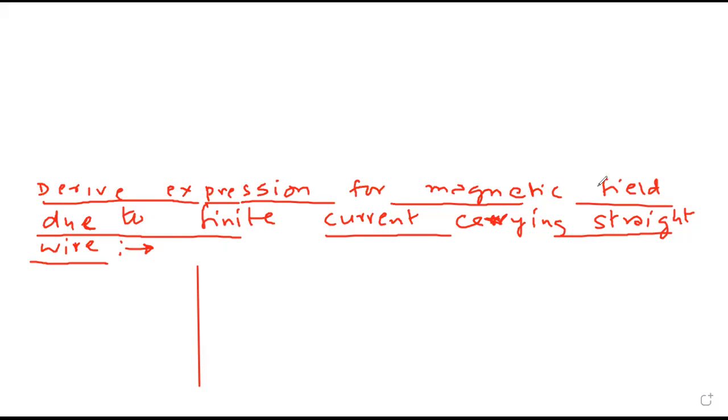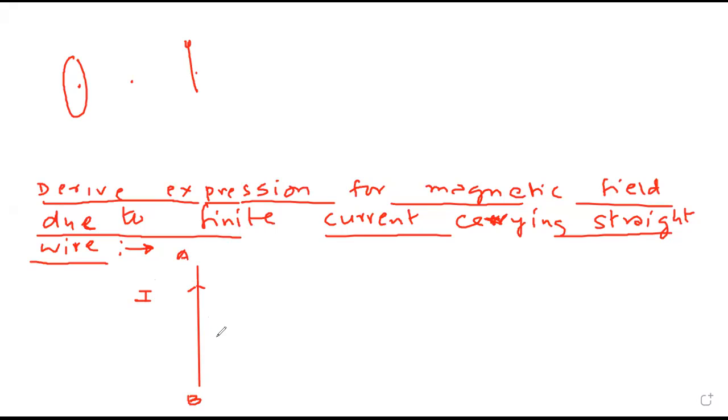Derive expression for magnetic field due to finite current carrying straight wire. So we have in syllabus circular coil and straight wire. Coil's center, coil's axis, and straight wire can be finite, infinite or semi-infinite. So consider a finite straight wire AB carrying current I as shown in the figure.